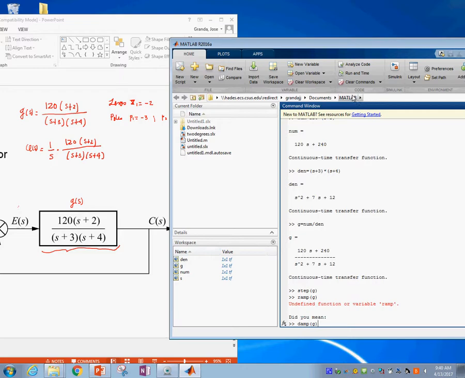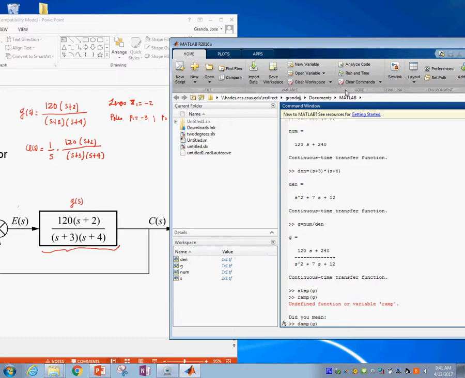No, I think we need to remember to test it with a ramp we have to multiply the transfer function by 1 over s squared. It's as if we have the step times 1 over s.